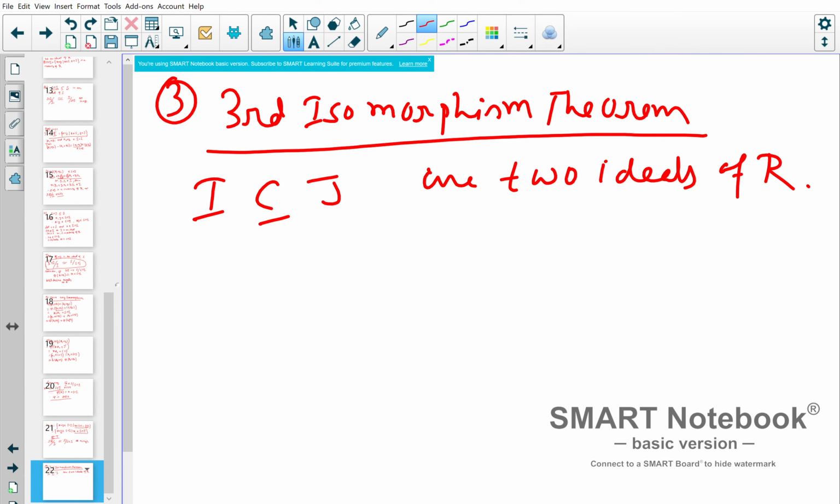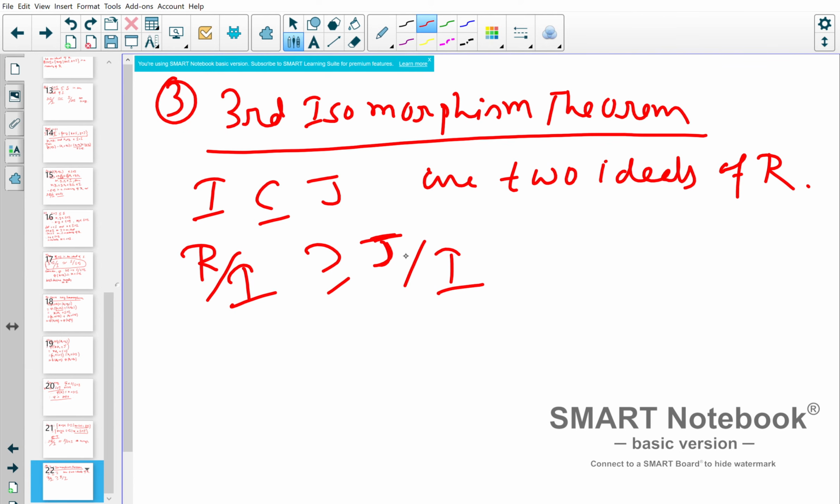So what does that mean? That means I is also an ideal of J, right? So then you can talk about, first of all, R mod I on the one hand, and then you can talk about J mod I. So J mod I is inside R mod I. Okay.